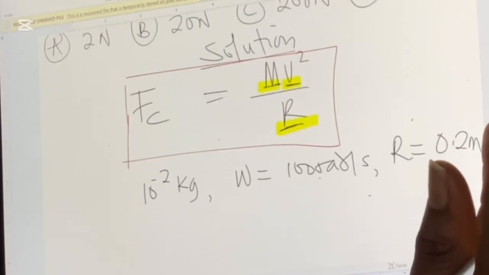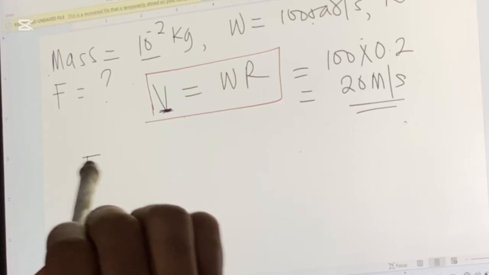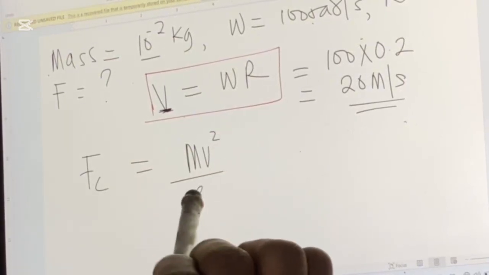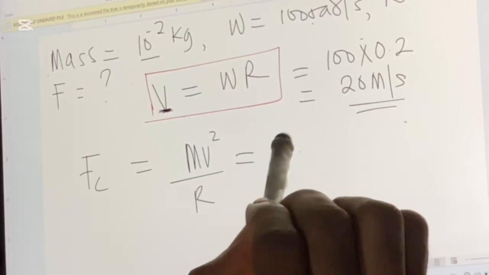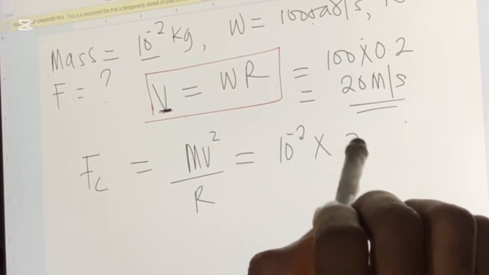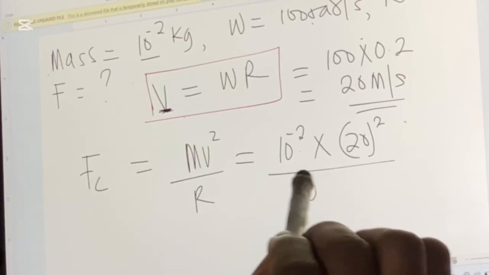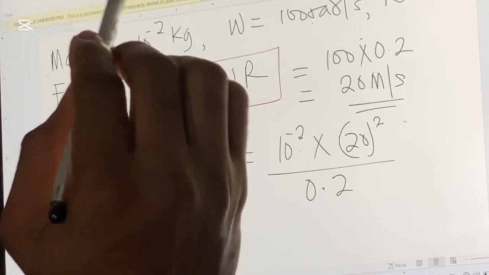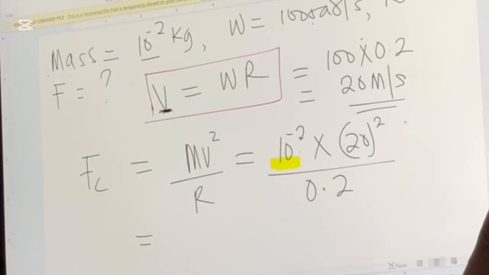Okay, now calculating for centripetal force, Fc will be equal to mv squared over r. Let's replace the parameters. The mass is 10 raised to the power of minus 2 times the velocity is 20 all squared over the radius is 0.2. So when you punch your calculator here, this number is written in standard form.